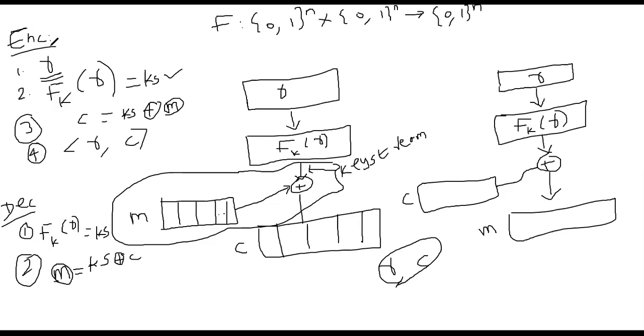Of course, there is a theoretical limit of how many times you can do this, meaning how many times can you use the same key K to encrypt a lot of data.